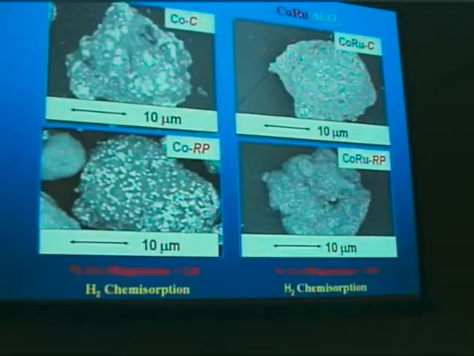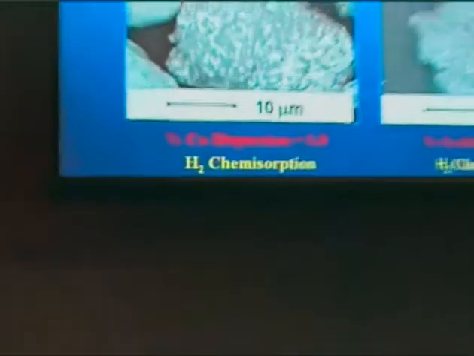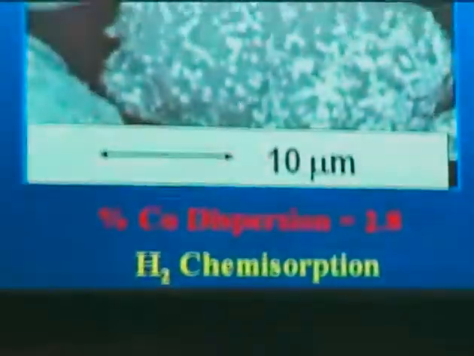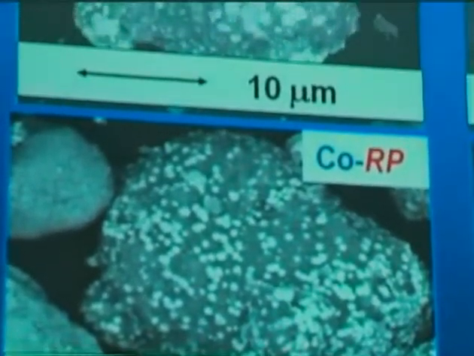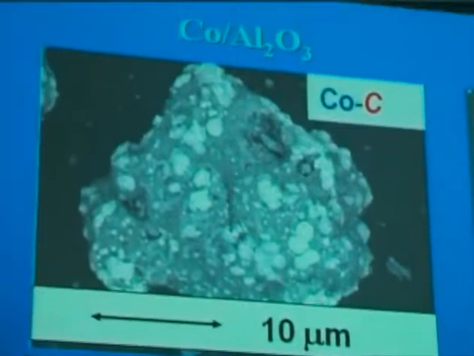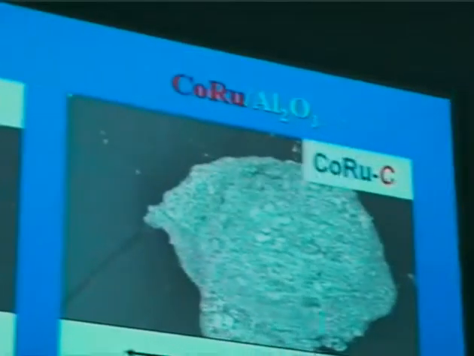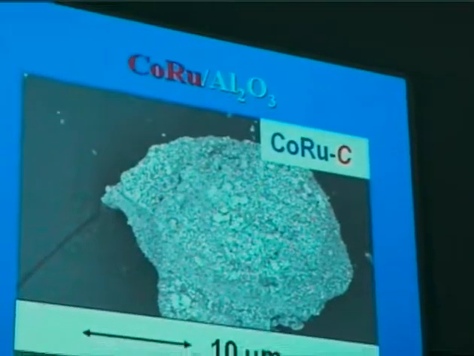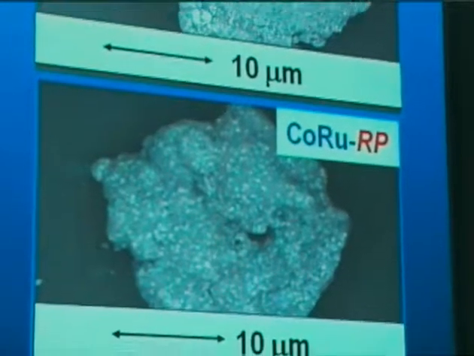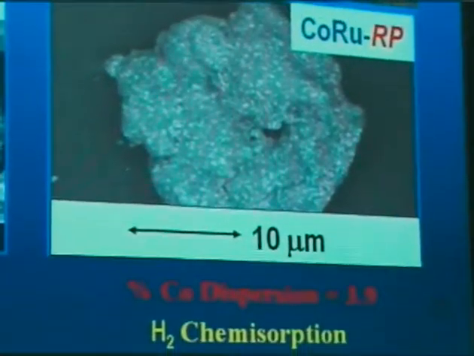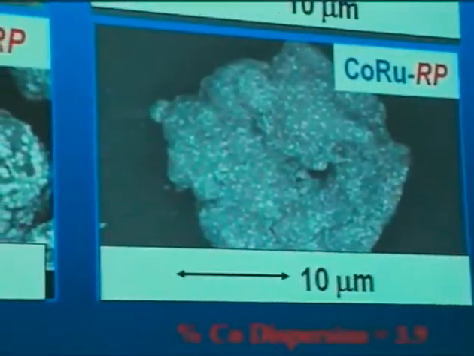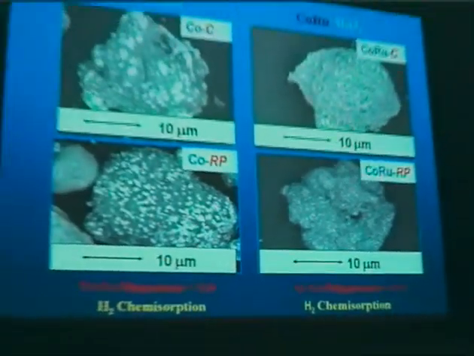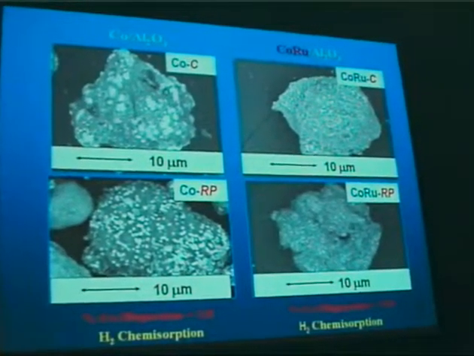And you can even see, these are SEM pictures, because it's kind of hard to look with TEM at 28% cobalt on the catalyst. But you can even see the impact of ruthenium on helping to disperse the catalyst. You can see these large patches of cobalt. These are not single crystals, if you will, or large particles. These are actually colonies of particles.